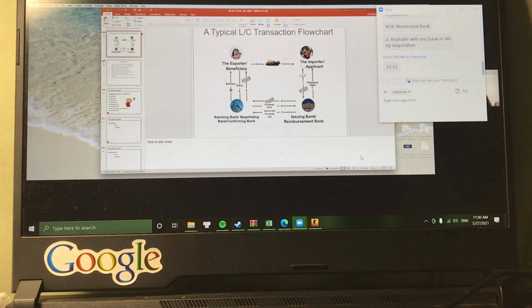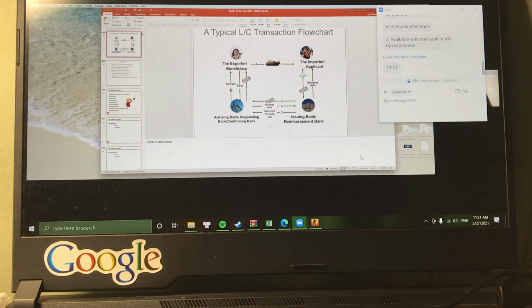Remember, if you release documents, it means that you agree that the documents are a compliant presentation. Okay, and then step number 9 from the nominated bank to the beneficiary is just payment. The transaction runs smoothly.